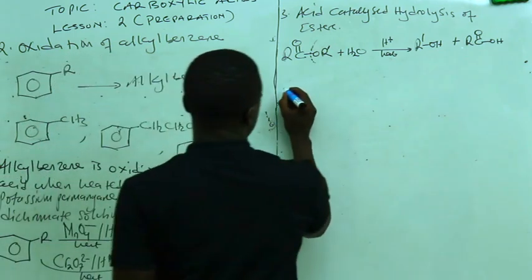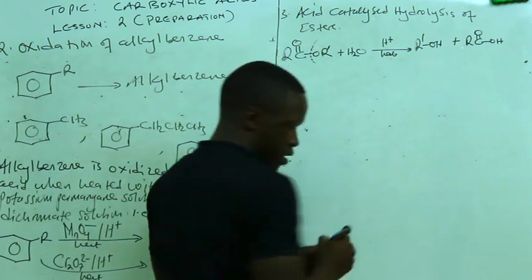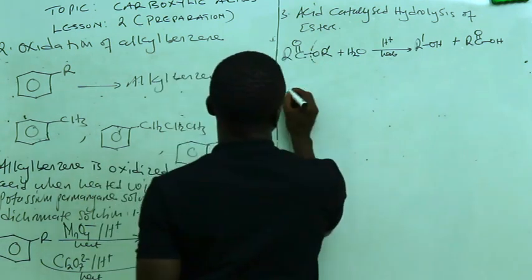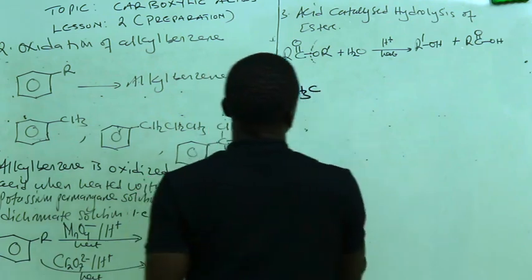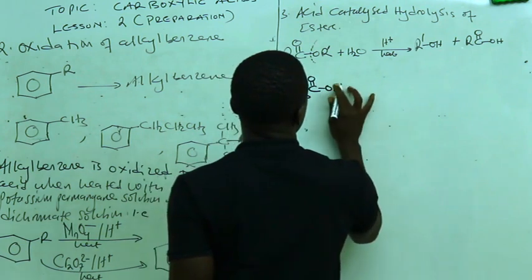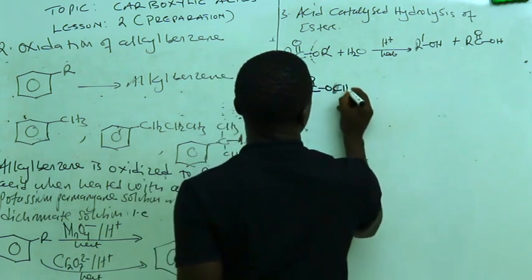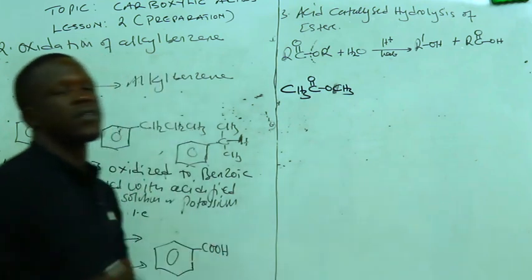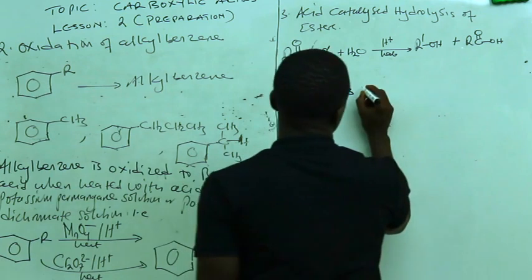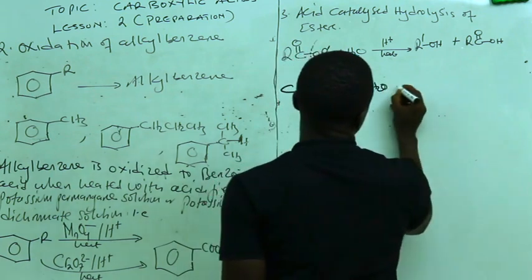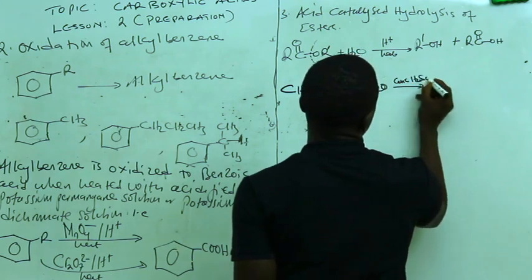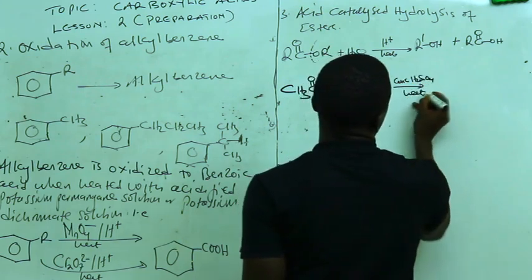If we had, for example, CH3COOCH3, this is an ester, methyl ethanoate, reacted with water, but in presence of conc. sulfuric acid, and we heat.